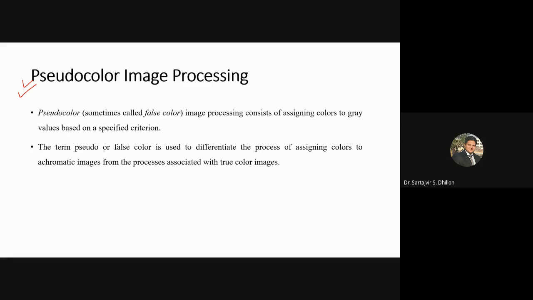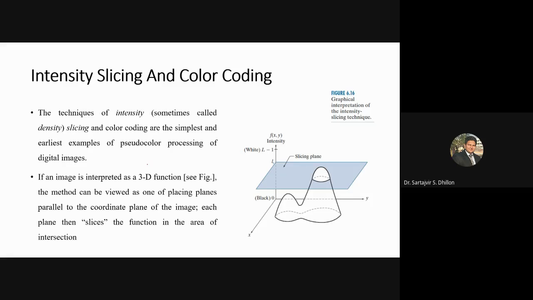The term pseudo color is used to differentiate the process of assigning colors to monochromatic images from the processes associated with true color images. And we will discuss this in upcoming slides.